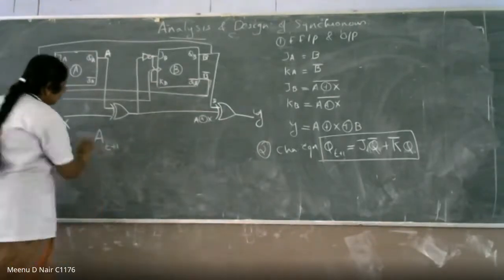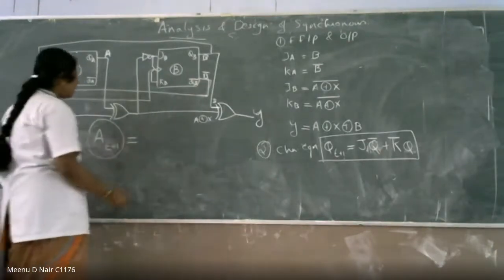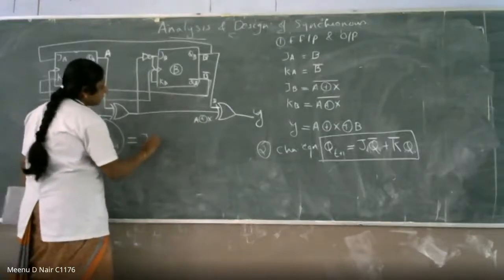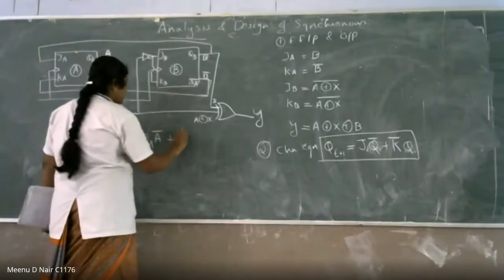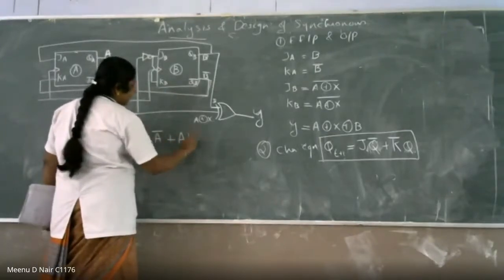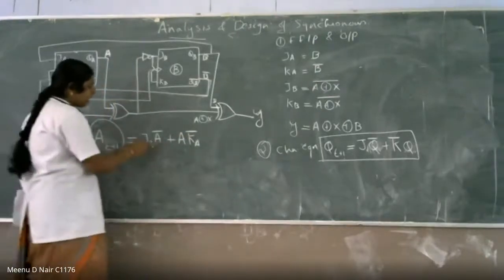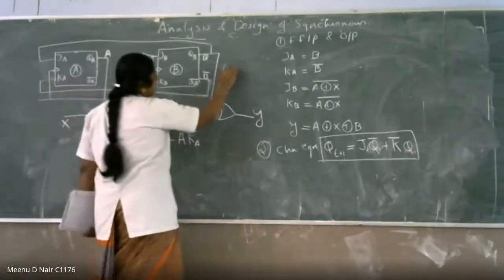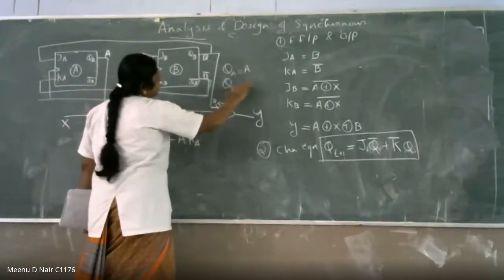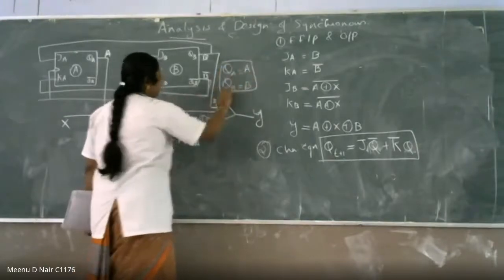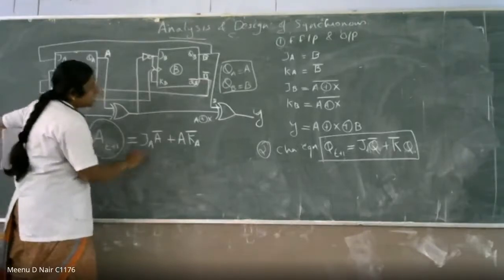A of T plus 1 is equal to JA A bar plus KA bar A. Here QA is A and QB is represented as B. So what is JA?